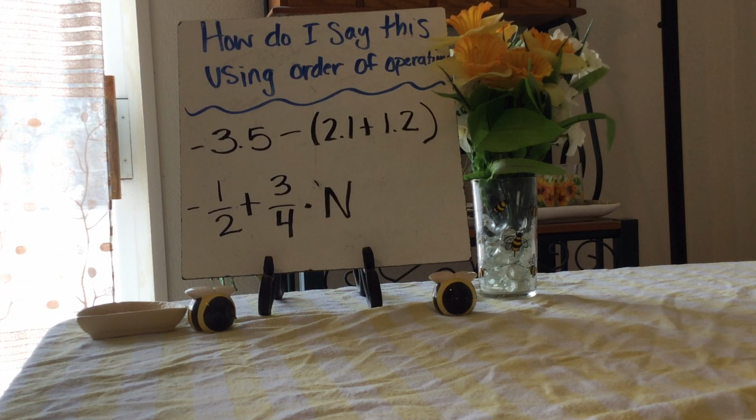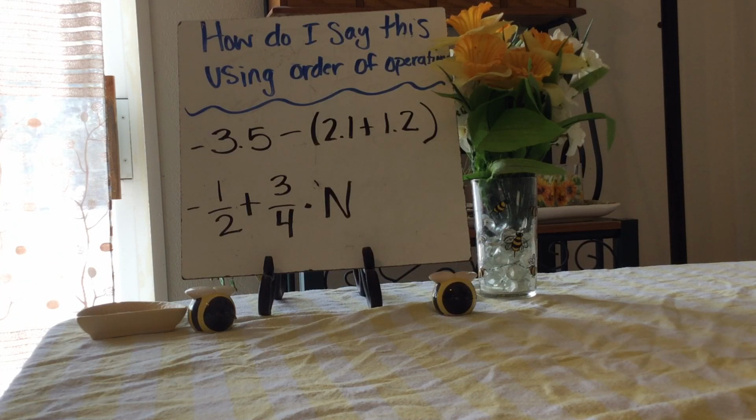All right, so there is a way we have to say words in order of operations. We talked about this earlier, whether we would say the product of two numbers or add these two numbers or divide these two numbers. Order of operations has the same thing. So let's look at these ones.